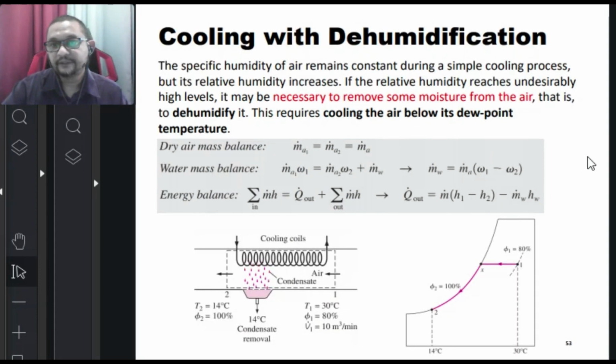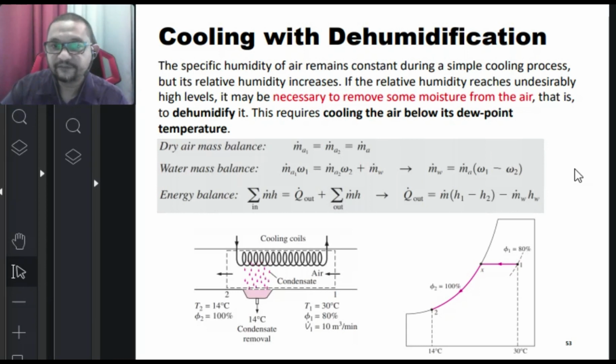Okay, next we go to cooling with dehumidification. Dehumidification is to remove moisture. Okay, cooling with dehumidification, remove water.